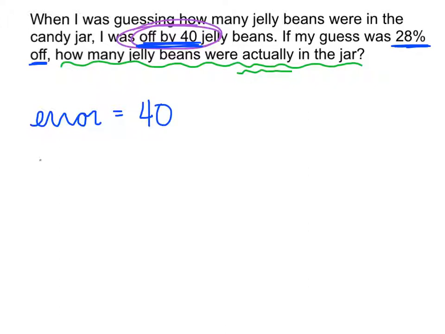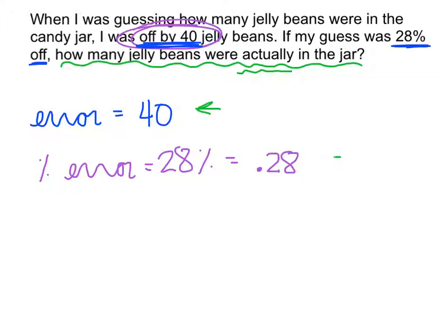Next we do percent error. And it tells us our percent error was 28%. However, when we write percentages in formulas, let's look at this as 0.28. Now, using error and using what our percent error is, we're going to set up our formula.